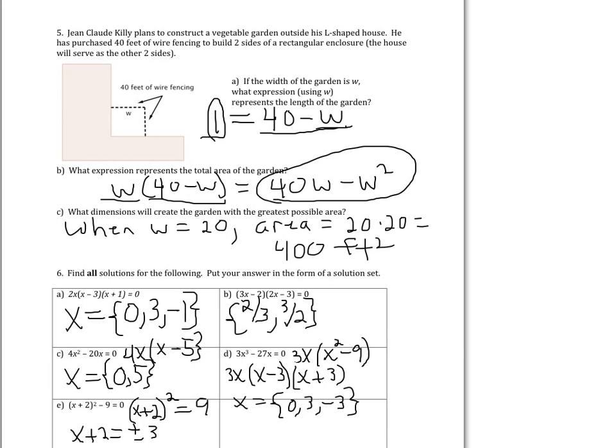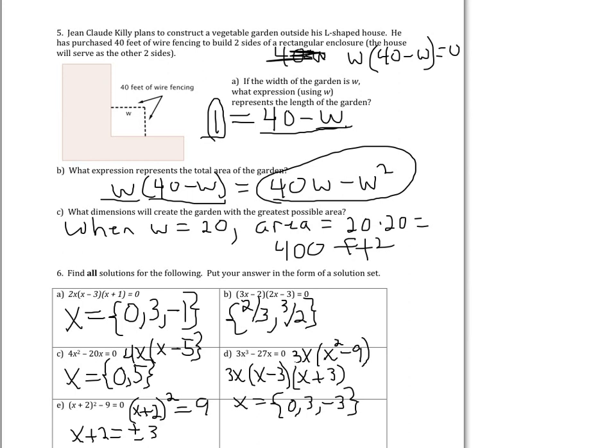Now if we want to maximize that, one of the things we can do is find out, because we've seen before that it's going to be halfway between the two values that make the expression equal to 0. So 40W minus W squared, well, let's do W times 40 minus W is equal to 0.